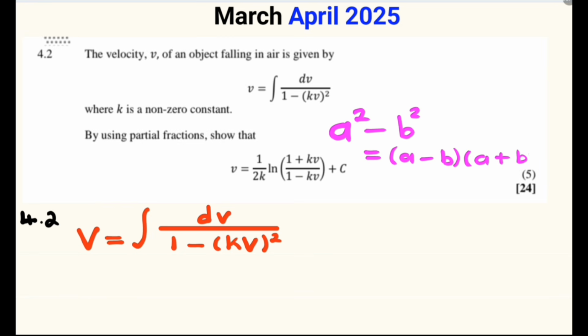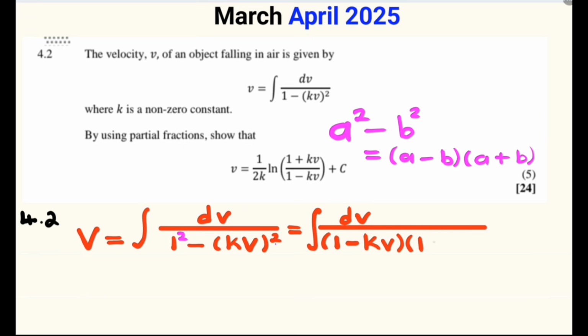We have 1 minus kv squared. The 1 can be squared, because 1 squared is equal to 1, and this will be equal to the integral of dv divided by 1 minus kv multiplied by 1 plus kv.